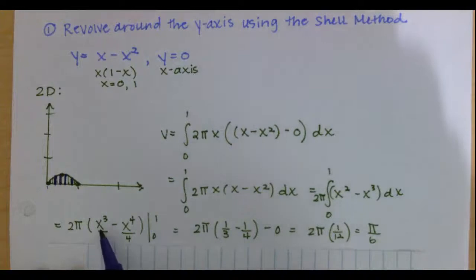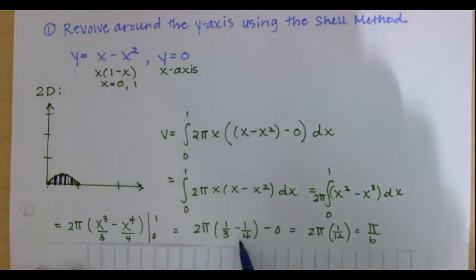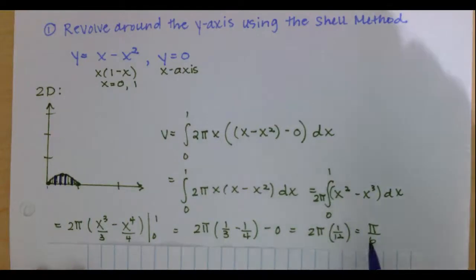So if I plug 1 into this function, I'll get 1/3 minus 1/4, and then I also need to multiply that by 2 pi. And then if I plug 0 in, I'm just going to get 0. So you can see I have that all here. And 1/3 minus 1/4 becomes 1/12, multiplied by 2 pi gives me pi over 6.